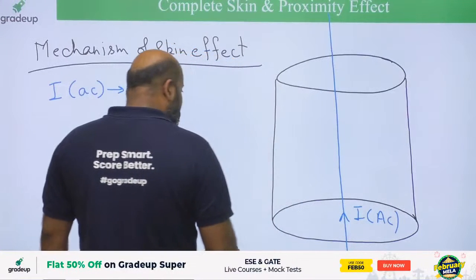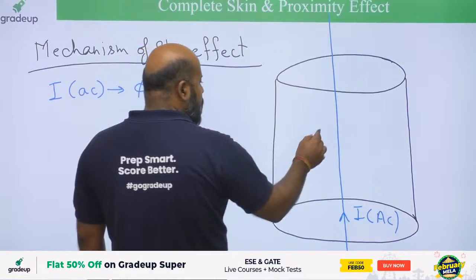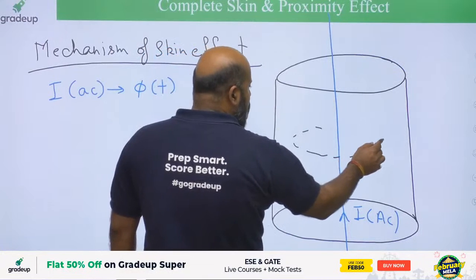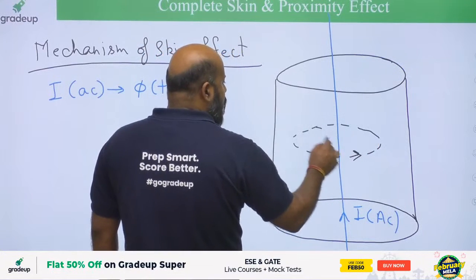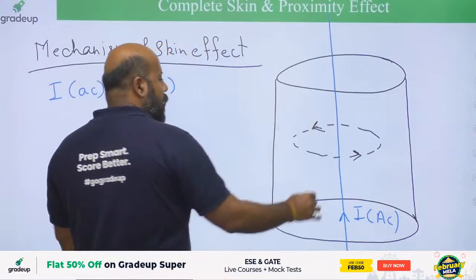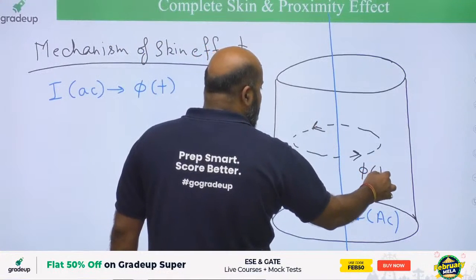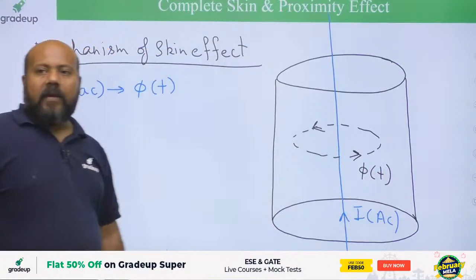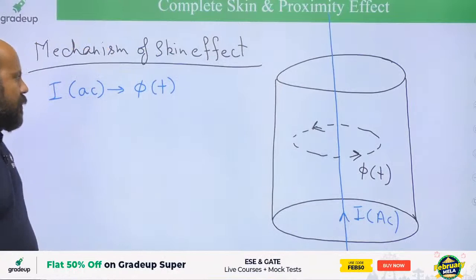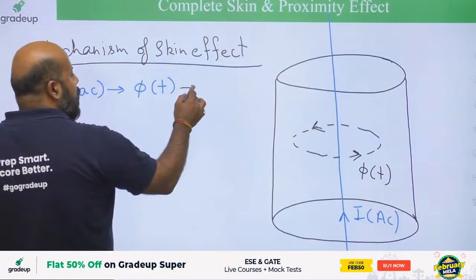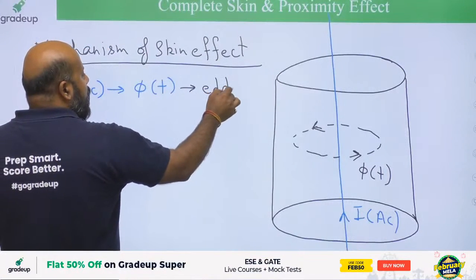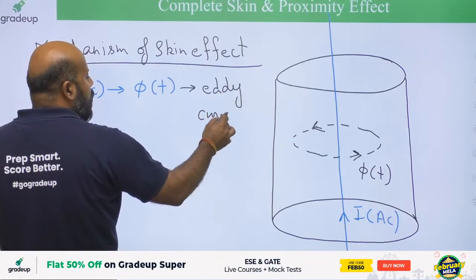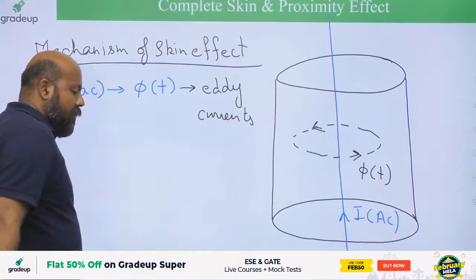The direction of this flux is going to be something like this, as per the direction of current, and this flux is going to be time varying. When this time varying flux links with the conductor, eddy currents are going to be generated.